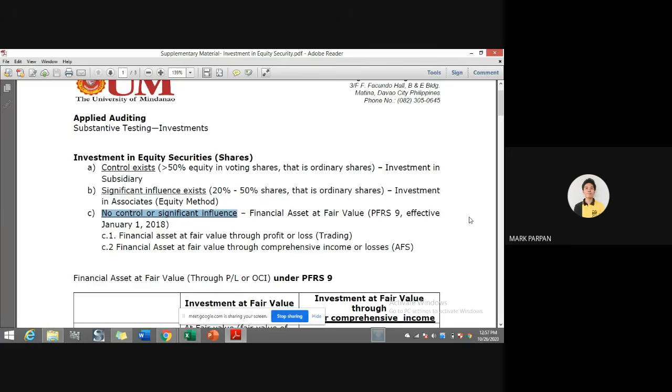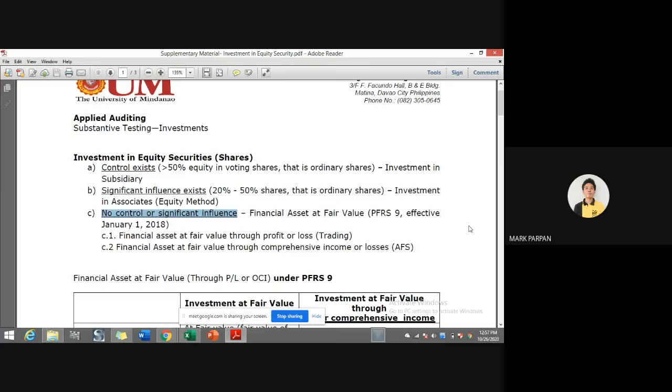I hope that's clear: control and significant influence exist if you have more than 50% of ordinary shares or 20 to 50% of the ordinary shares. Preference shares automatically go in this classification: no control nor significant influence. So I hope that's clear.